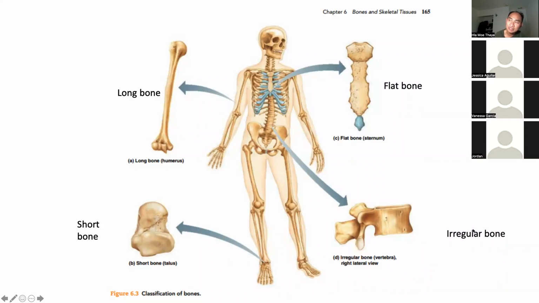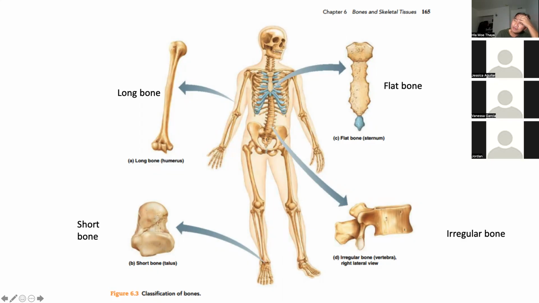And we know how to classify bone. Number one, according to their shape. So we can say, hey, long bone, which is very long. So humerus, radius and ulna, femur, tibia, fibula, these are really, really long bones. Short bones like small carpal bones in our wrist and small carpal bones, tarsal bones in our foot.